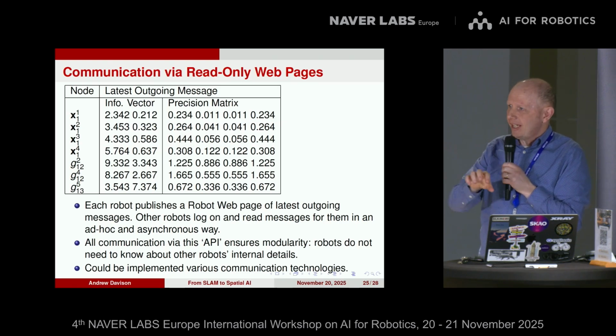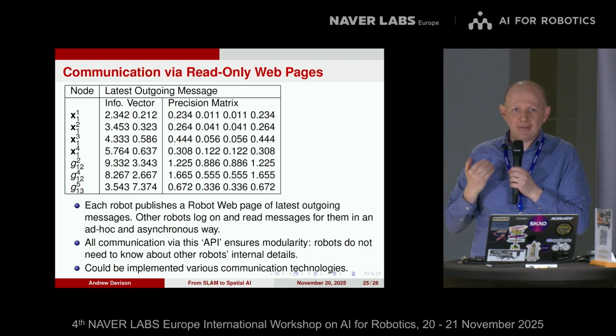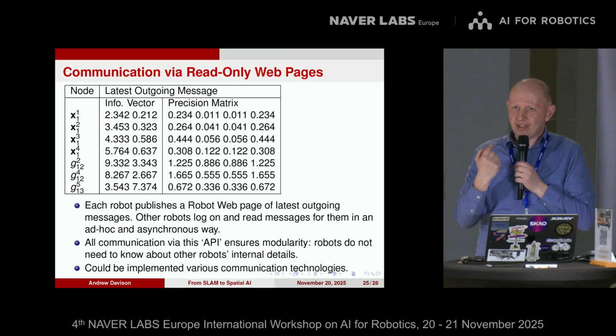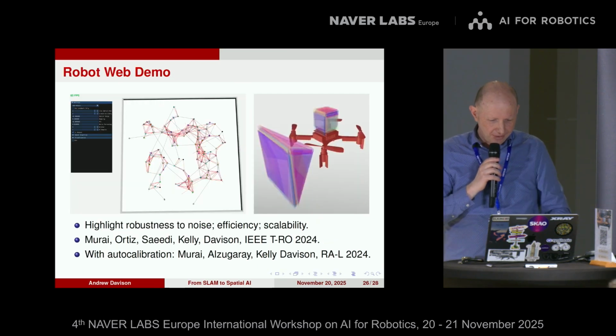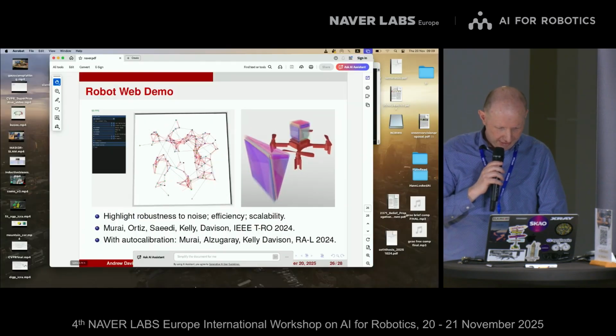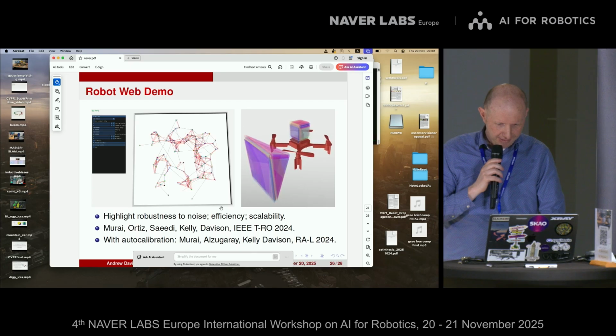And then whenever other robots are close enough to be in communication, they can download each other's robot web pages and get all the latest messages that cross those dotted lines. And that actually works very well. So I'll just show you a quick demo of that. So this is running on my, where is it?